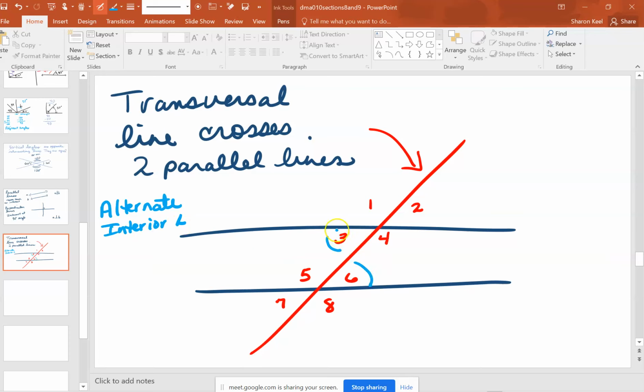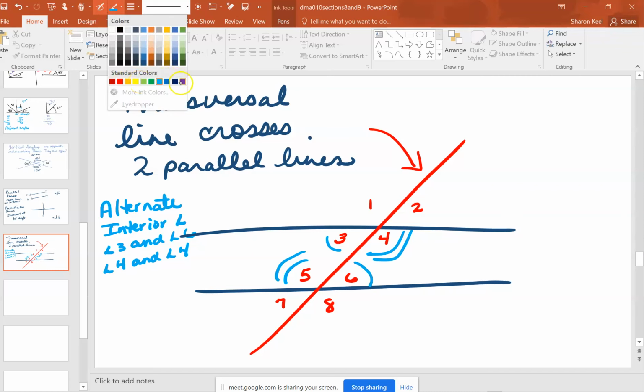They're both on the inside of the parallel lines and they're on alternate sides. So angle 3 and angle 6. Also angle 5 and angle 4 would be considered alternate interior.